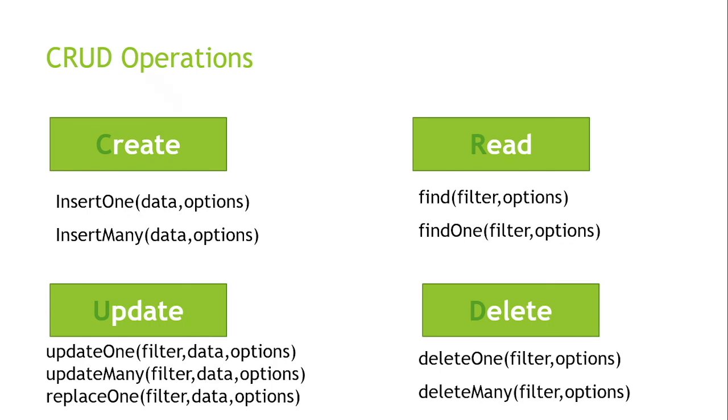So deleteOne accepts that condition. There is also one more method, deleteMany, which will delete more than one document, because deleteOne will only delete one document, and deleteMany will delete many documents if they match the condition which we provide in the method.